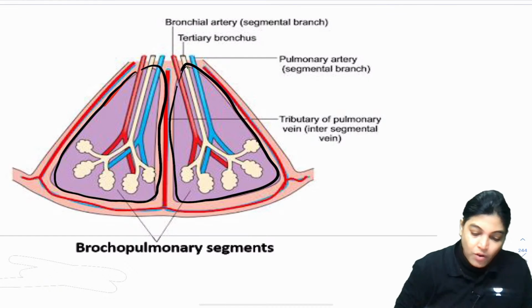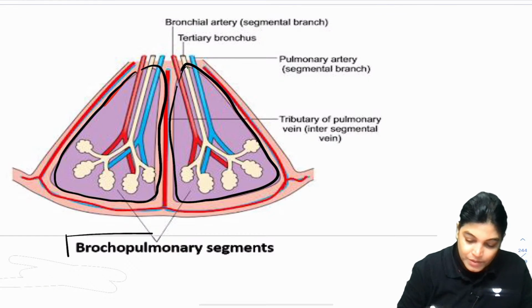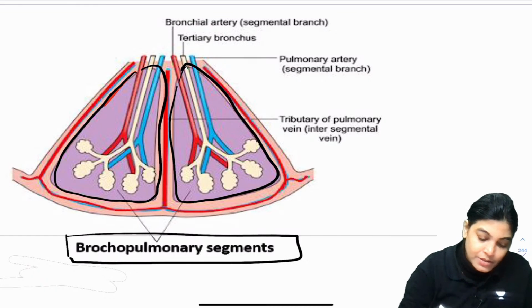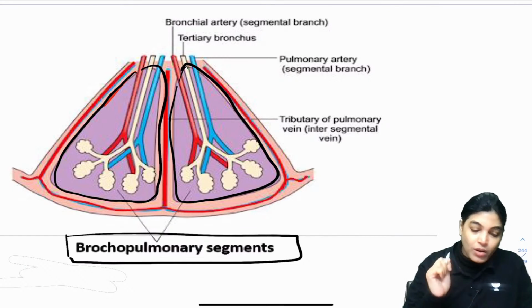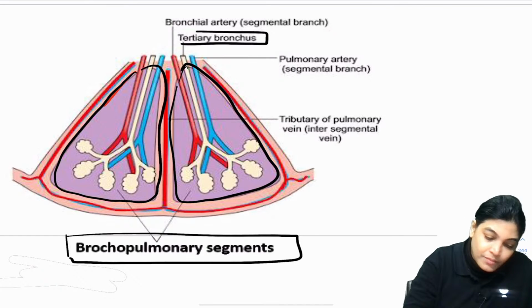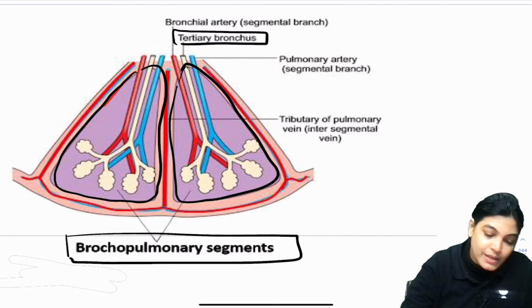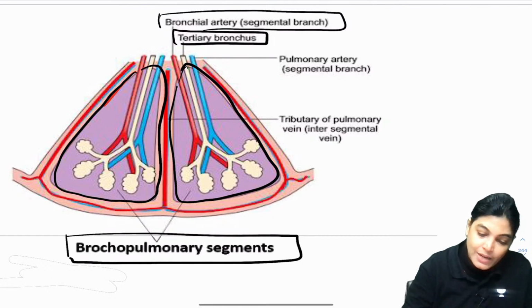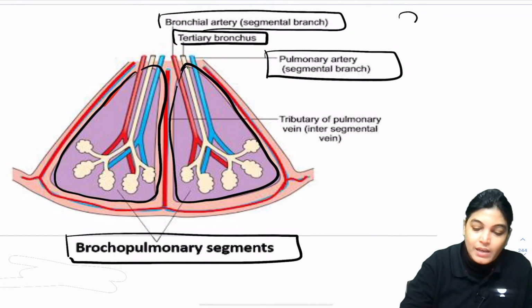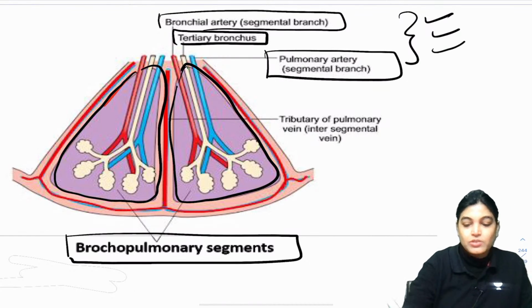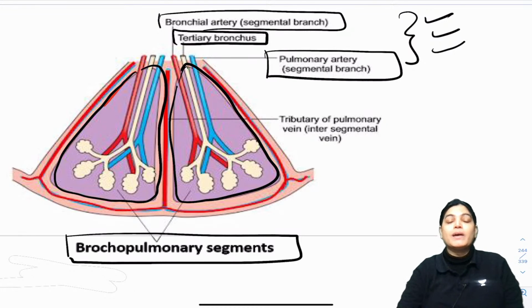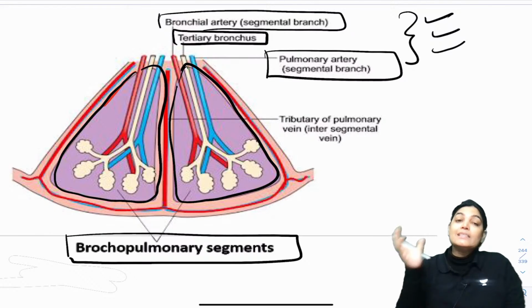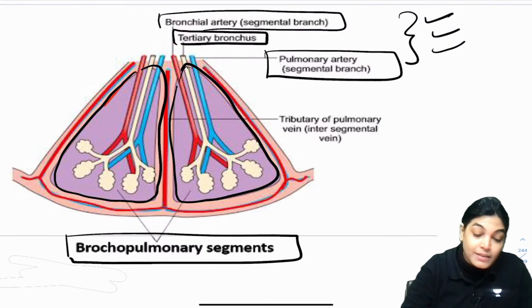According to the definition, the structures residing inside are the segmental branch of the bronchus, the segmental branch of the bronchial artery, and the segmental branch of the pulmonary artery. So these three structures are lying inside the bronchopulmonary segment, means this. Okay, this is one bronchopulmonary segment.